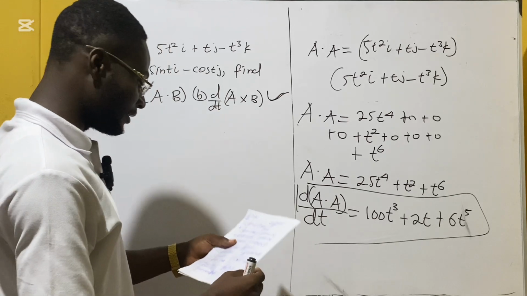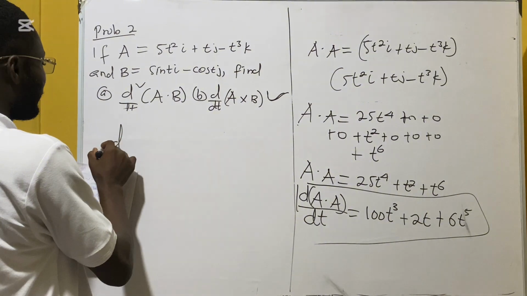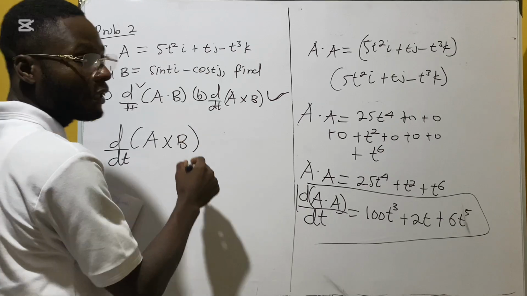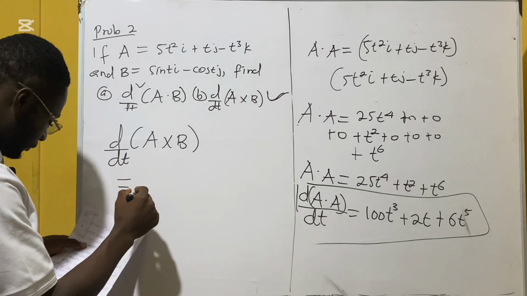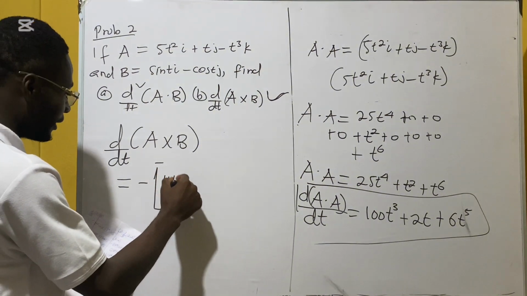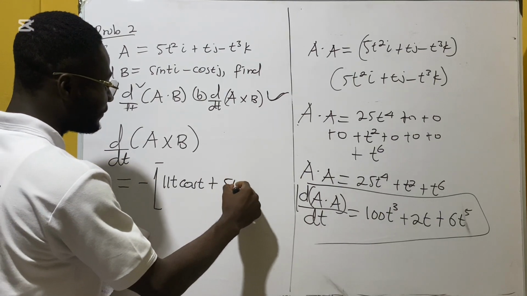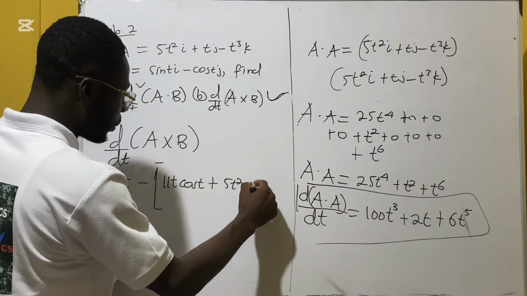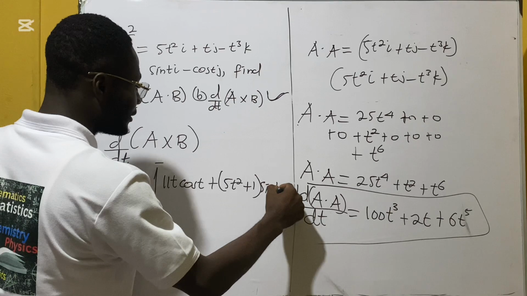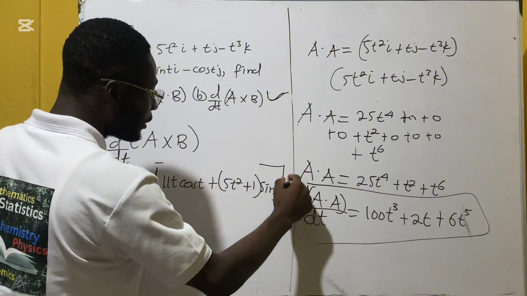Okay, so let me provide the final answer for you. The final answer for D, the differential of A cross B with respect to t, is equal to negative 11t cos t plus 5t squared plus 1, multiplied by sine t, or k.